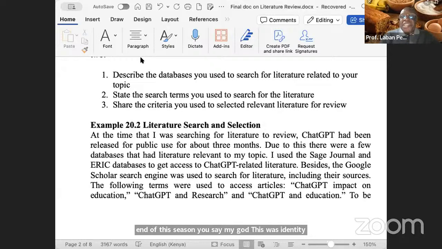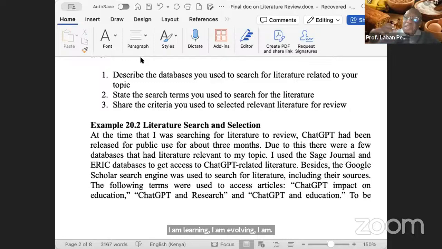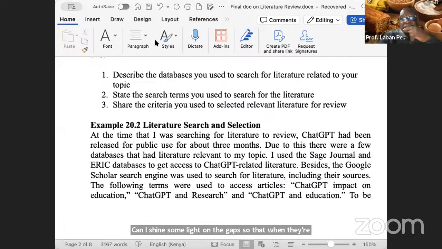Just like for me, teaching these classes is a journey. How I taught in Moi University is not how I'm teaching now. I am learning, I am evolving, I am getting more engaged. I spent hours and hours looking for examples, because I kept asking myself, when I tell my students there are gaps, which are these gaps? Can I shine some light on them so that when they're reading the literature, they're able to see them?